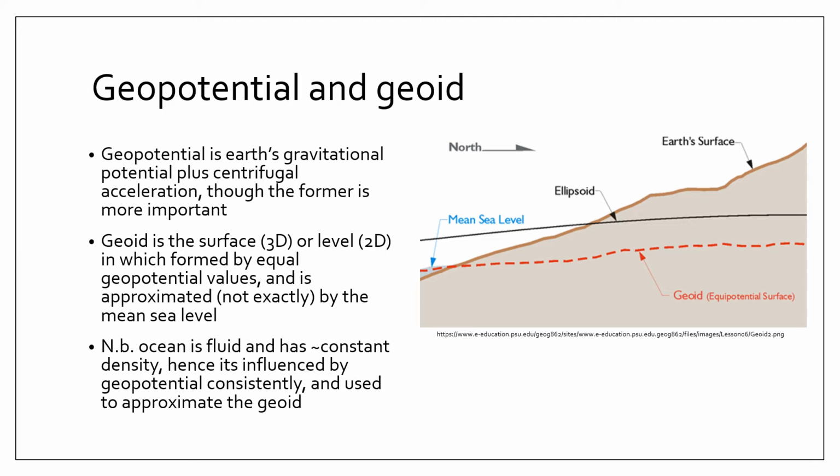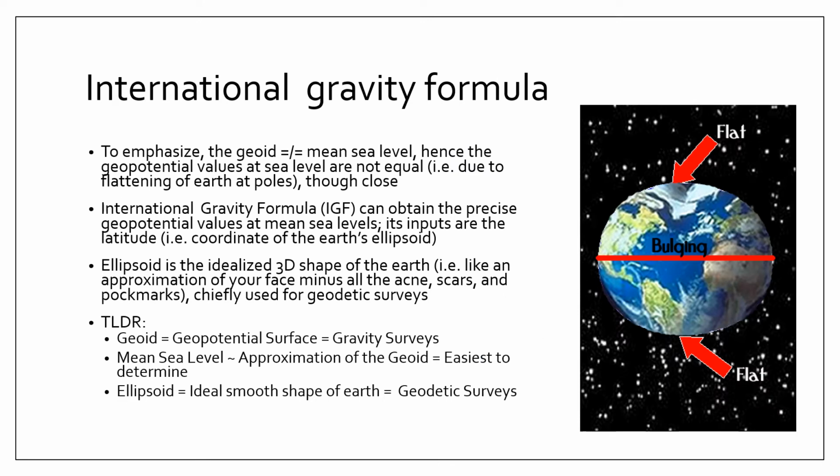But remember that mean sea level and geoid are not equal. They are close, but they are not the same. Right? So why are they not the same? Let's talk about the international gravity formula.